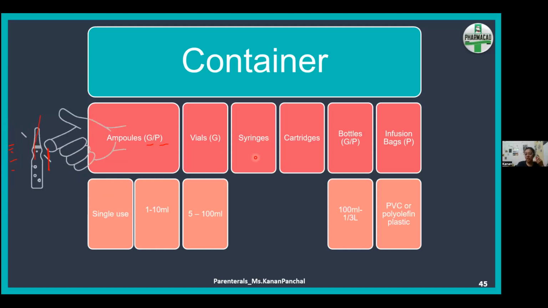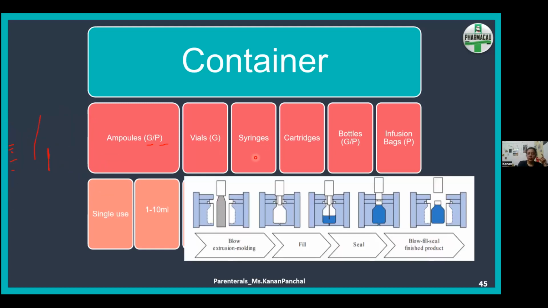Then you have syringes. Okay, so this is one process. Let me tell you all. This is the blow-fill-seal process of making plastic ampules. In plastic ampules, you blow in your polymer in an extrusion mold.